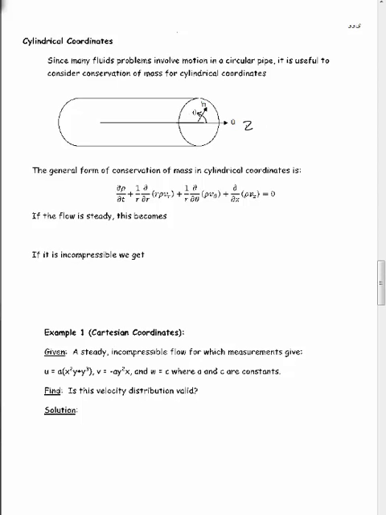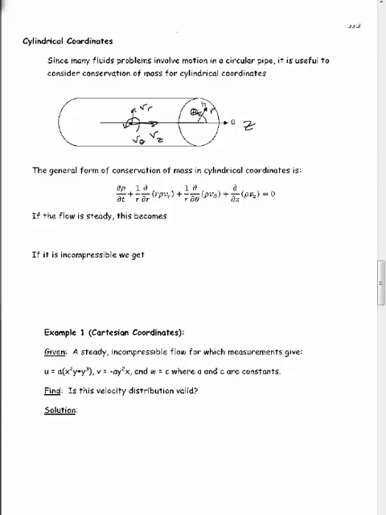This should be z, this should be r, and this should be theta going around here. Those are our coordinates, and if you look at our velocities, we have vz, the axial component, vr, the radial component, and then a v theta going around, or our circular component of velocity.